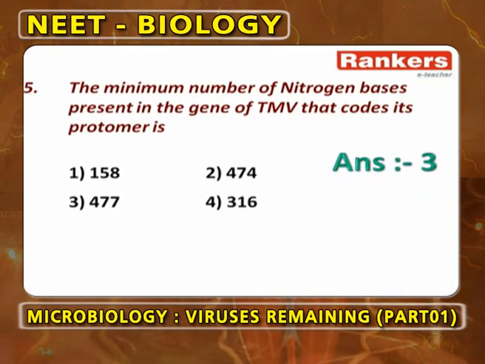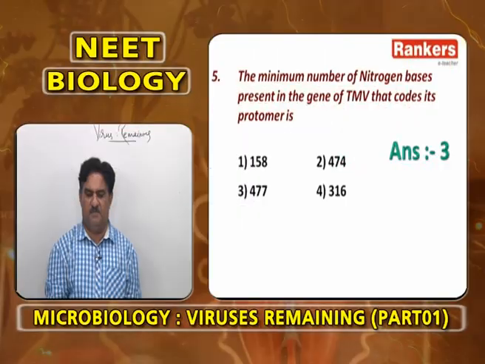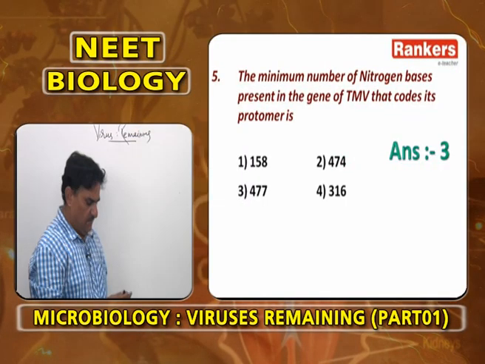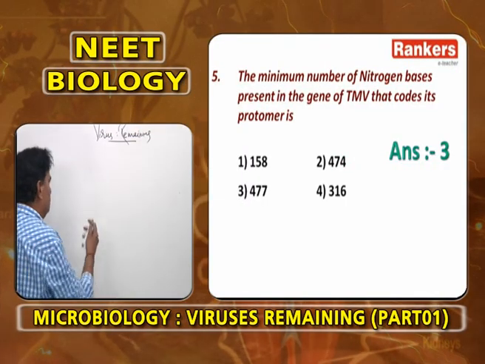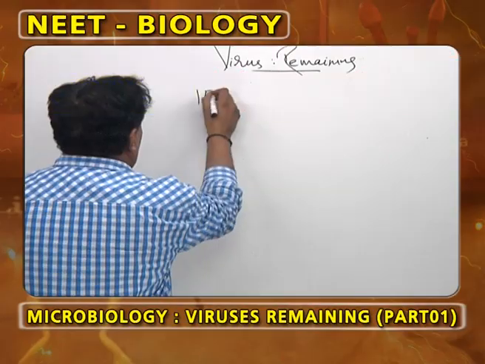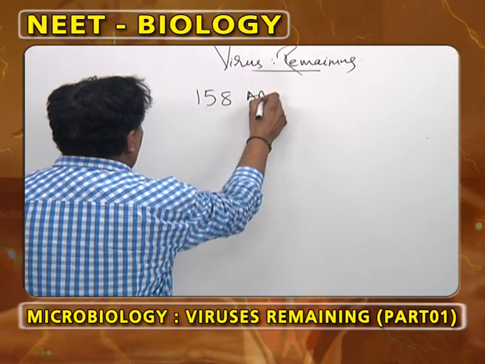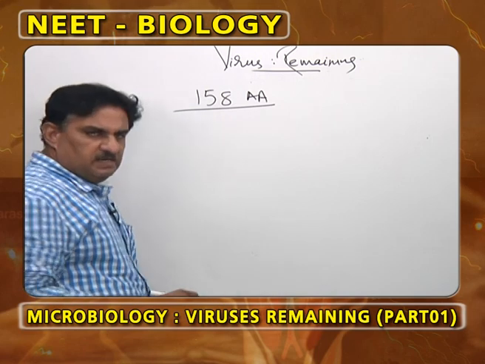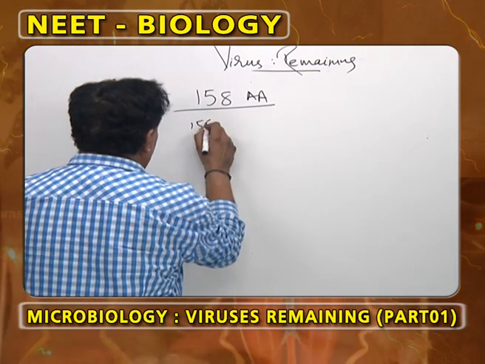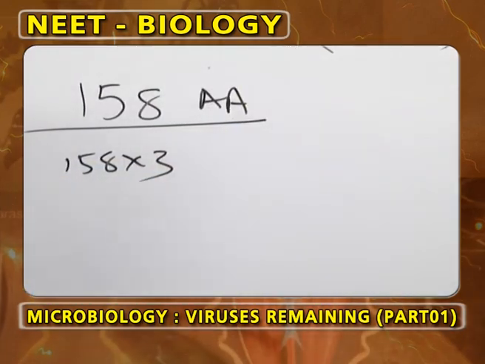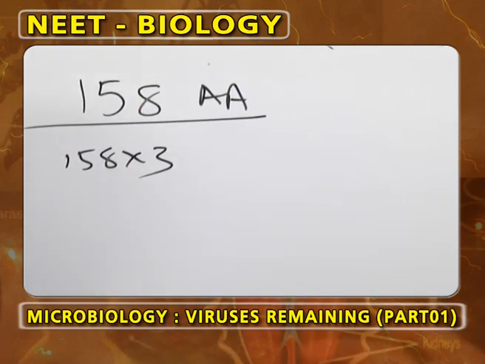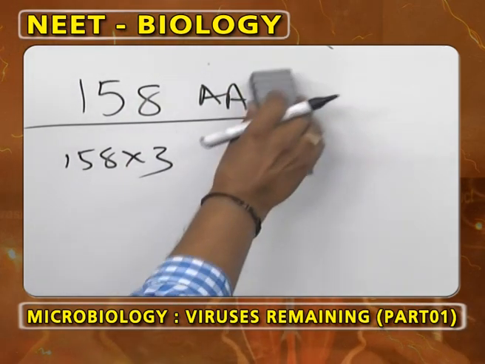The minimum number of nitrogen bases present in the gene of TMV that code its protomer. The protomer contains 158 amino acids. 158 amino acids means you have to write 158 into 3. If you write 158 into 3, some number will come.